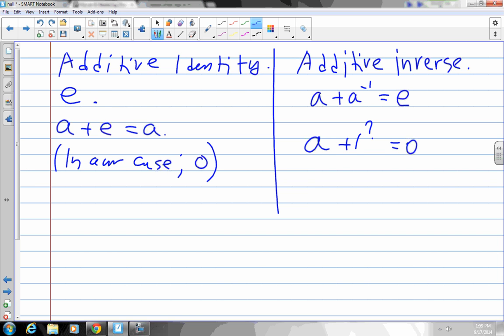Yeah, the negative of that number. So this is our world. This is a more abstract world. This is our world. And you agree that every real number has its additive inverse. You can always put a negative in front of the real number. So this allows us to solve equations.